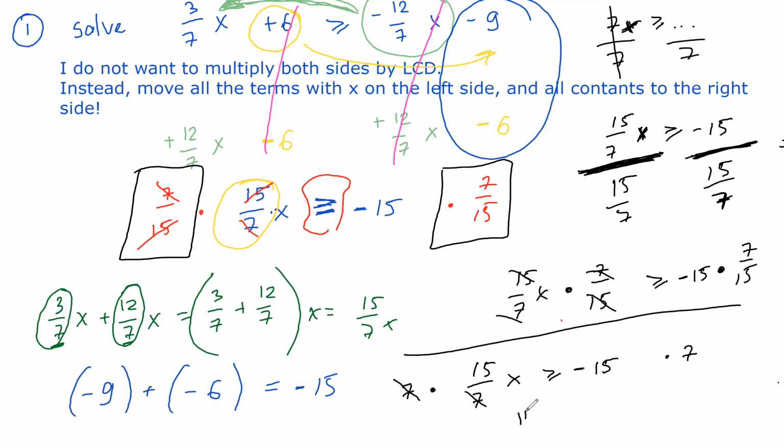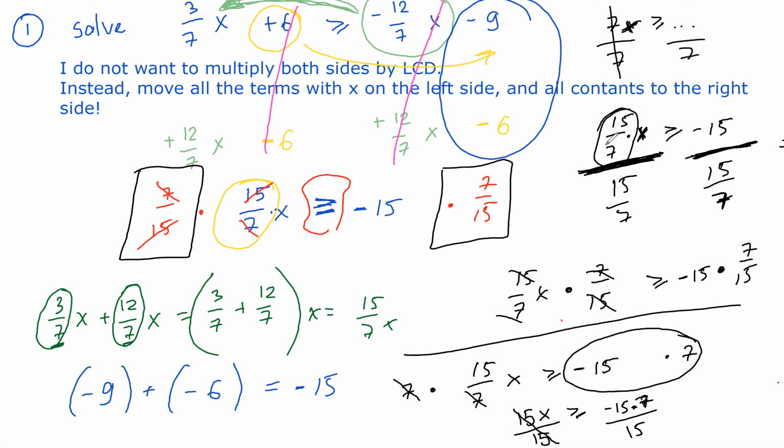So you will be getting 15x is greater than or equal, and then you'll have this product over here. I don't know what it is because I don't have the calculator near me, but just assume that it's a product. And then you could divide by 15 to cancel the coefficient. But any of the strategies, what we are trying to do is get rid of the coefficient that the x has, this 15 over 7.